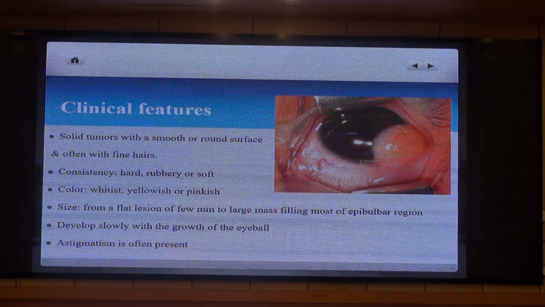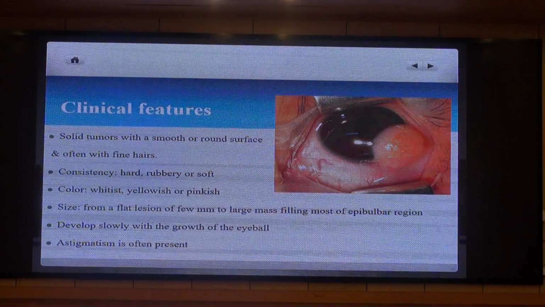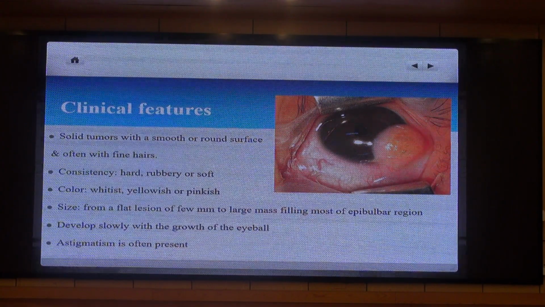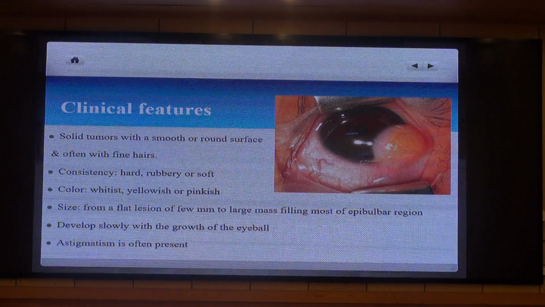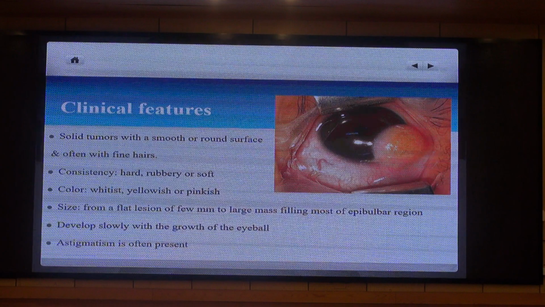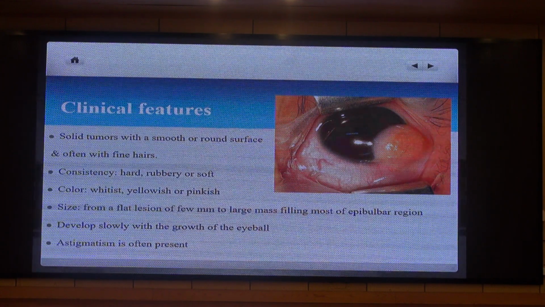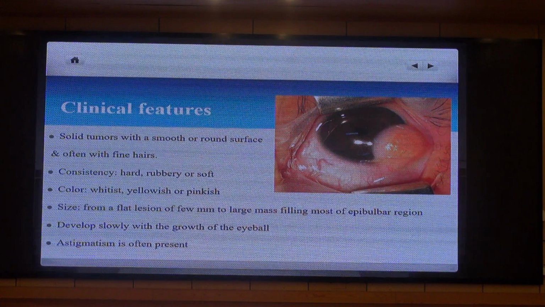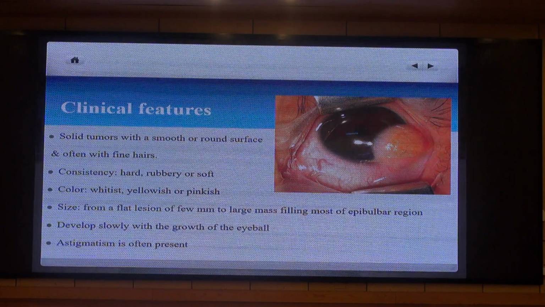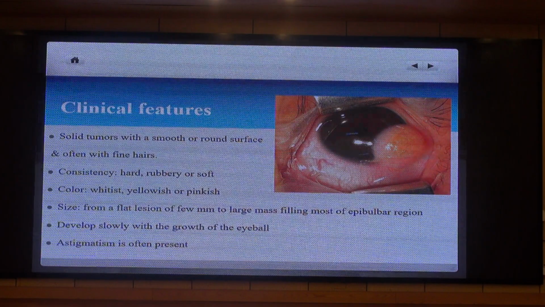Consistency is firm, sometimes rubbery or soft; normally it is rubbery like skin. The color is whitish, yellowish, or pinkish, depending on the race of the patient. The size ranges from a flat lesion of a few millimeters to a large mass filling most of the epibulbar region, and it develops very slowly with the growth of the eyeball. Astigmatism is often present and harms the visual acuity of the patient.